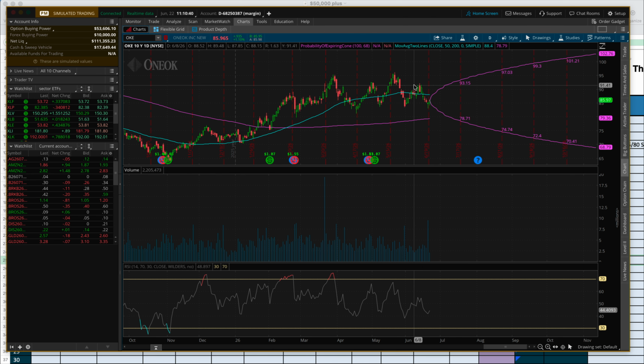It's just been chopping right here. If the oil industry goes down, then it could come back down here. If the oil war goes on, who knows? One Oak could shoot up again. But I'm looking at this topping pattern right here. Twice it hit 95 and stayed there. So that's what I'm looking at.